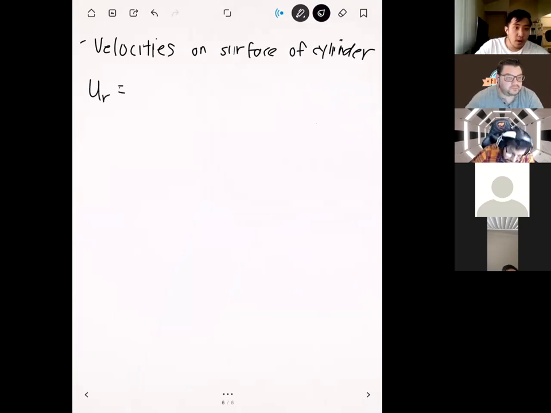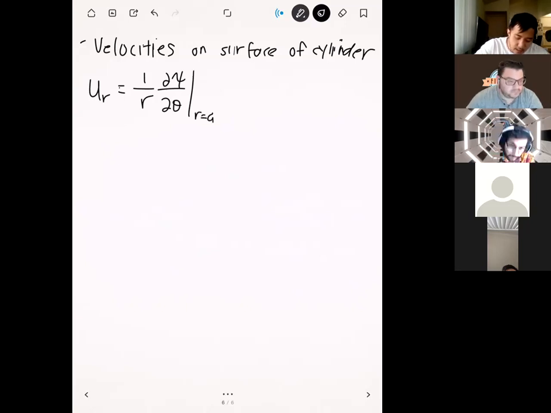And so U R, remember the formula for this is going to be 1 over R d psi d theta. And then if we want to evaluate this on the cylinder surface, we're going to evaluate this at R is equal to A. And so basically we're going to take the theta derivative of the previous expression, plug in R is equal to A, and then we get the velocity at the surface. And then what you'll see from this is that U R is equal to 0.